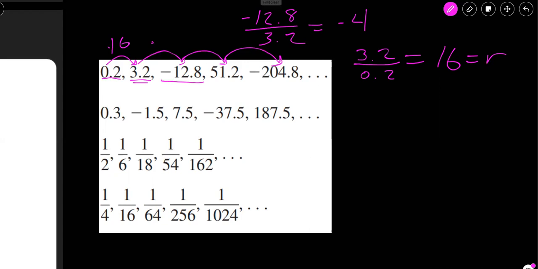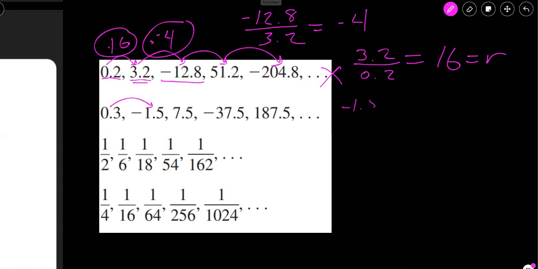So not only is my ratio not the same, one of them is positive and one of them is negative. I multiplied by 16 the first time, negative 4 the second time. At this point, I've got two different ratios. Remember, as soon as two of them are different, we know that this is not a geometric sequence.